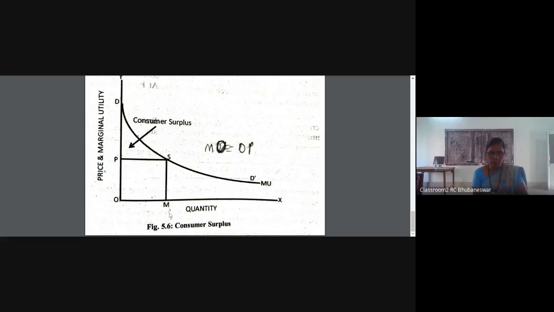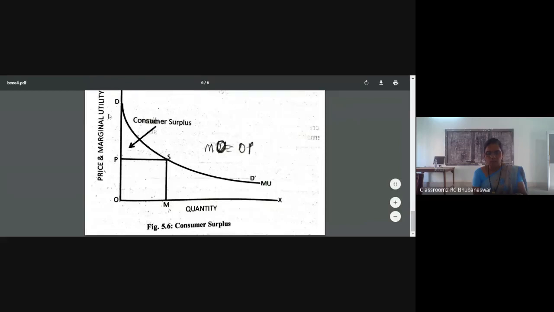The area under the marginal utility curve up to the point M, that is the total utility of OM units, is equal to ODSM. In other words, for OM units of the good, the consumer will be prepared to pay a sum equal to rupees ODSM. But given the price equal to OP, the consumer will actually pay OPSM, which is less than what he is willing to pay.